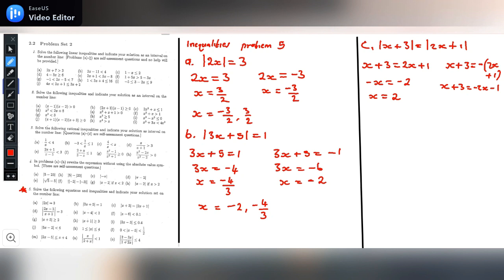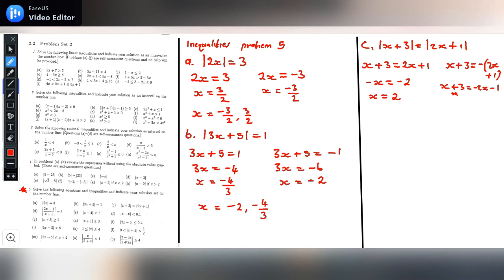For x plus 3, here it is. And then for 2x plus 1, we change the sign. It's no longer 2x plus 1, but negative 2x minus 1. Can you see how we change it? It's the same thing, guys, so you don't have to get confused.